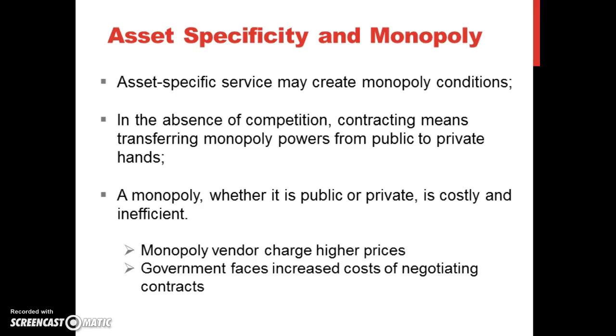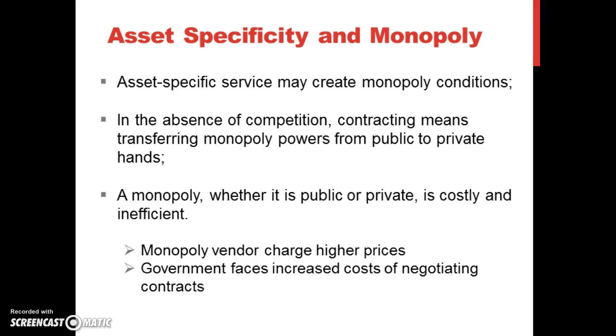Asset specific service might create monopoly conditions. In the case of a power plant, once a profit organization gets a contract of operating the power plant, other profit organizations cannot really know how to operate it and how much cost they need.